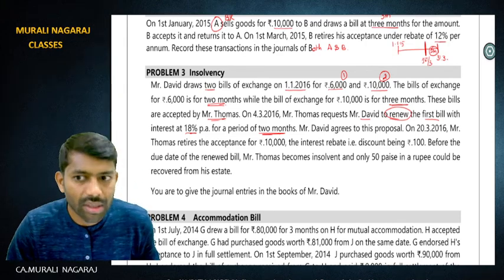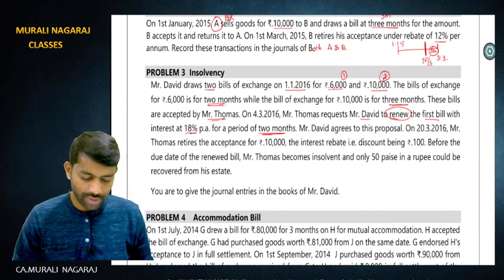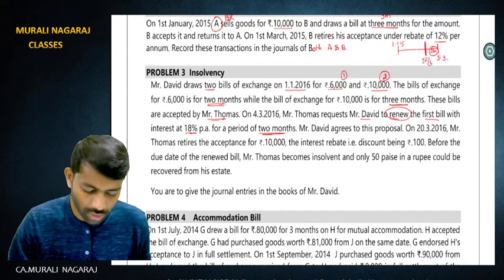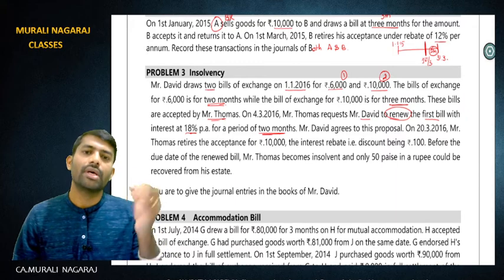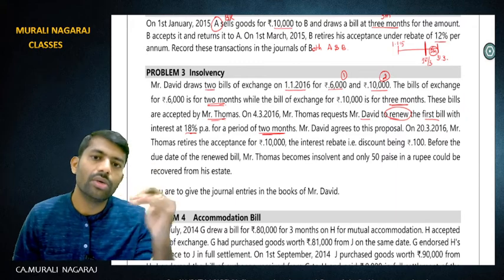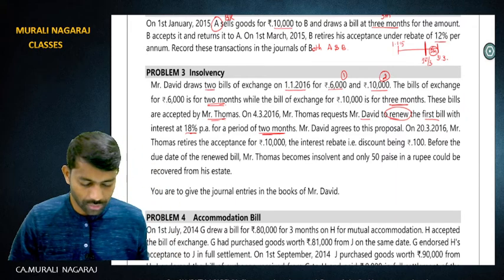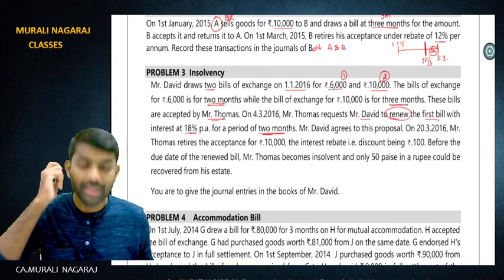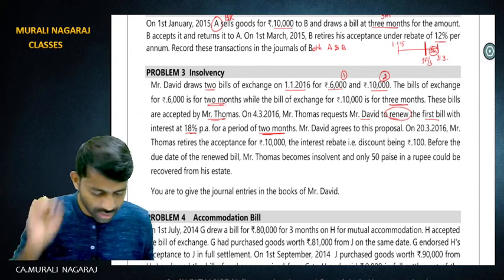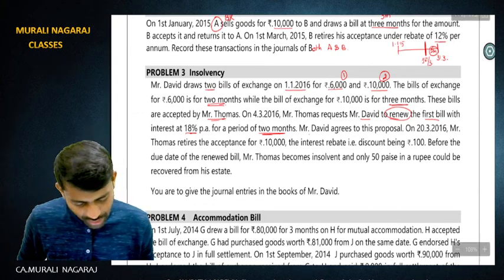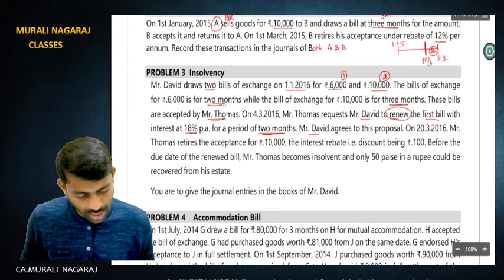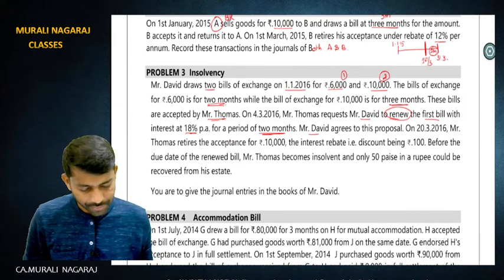So it has to be given only one time. Okay, fine. Anyway, the date is given, therefore I am copying this date. So on the 4th, he requested the first bill to be renewed for another 2 months with 18% interest. Got it? Then let us see. Mr. David agrees to this proposal.